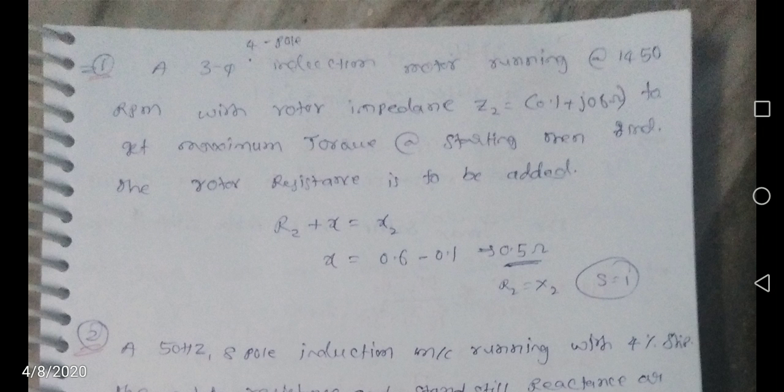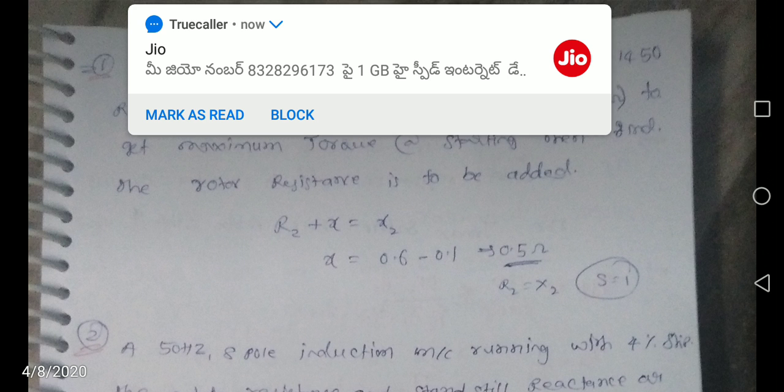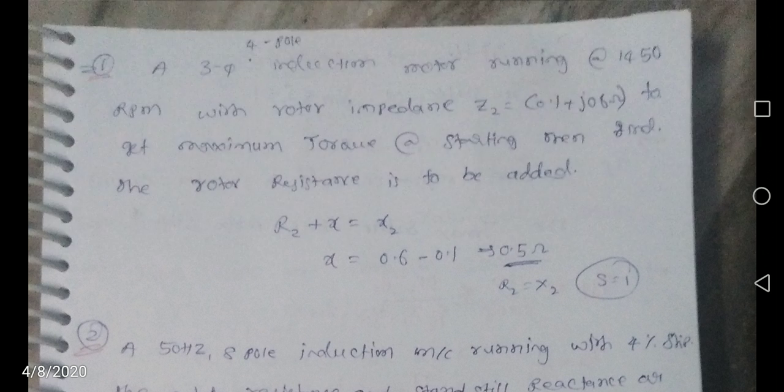But S is 1 because at starting S equal to 1, so R2 equal to Sx2 becomes R2 equal to X2. The rotor resistance added must be such that the total equals the rotor reactance.